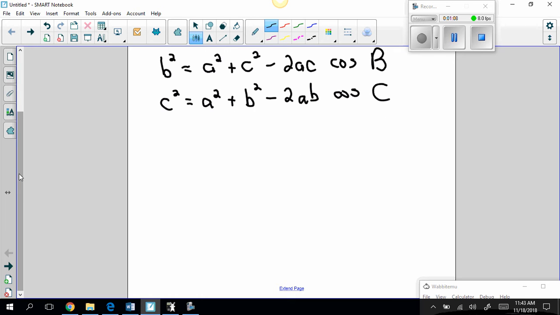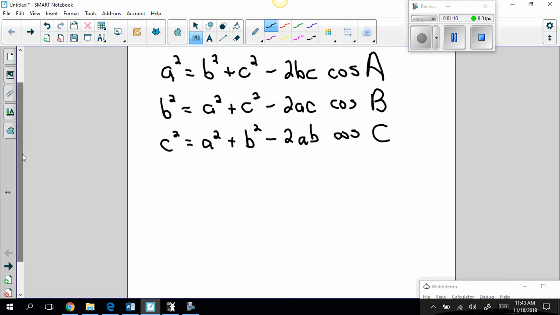Now, you should be able to look right here and pitch it over. Hold on, let's go the other way. Let's pitch this over here, and let's pitch over the 2BC cosine A. So you should be able to see this in one stroke.